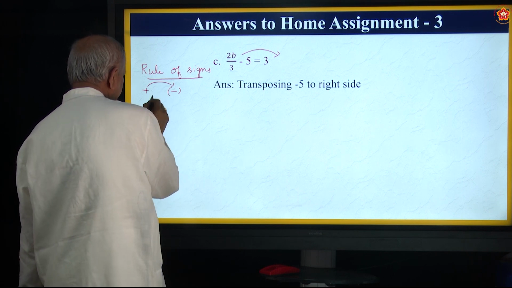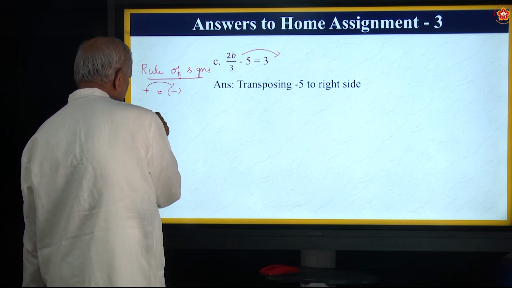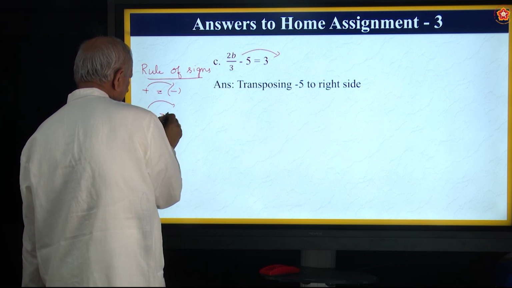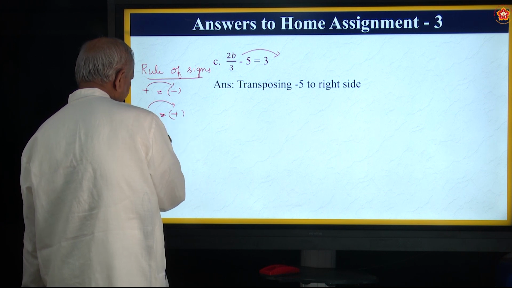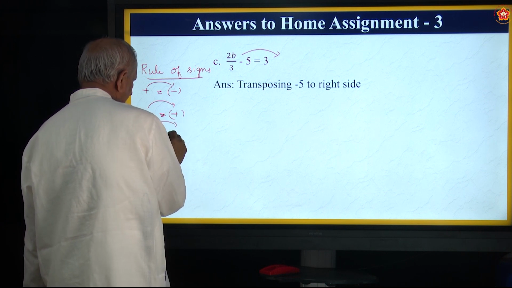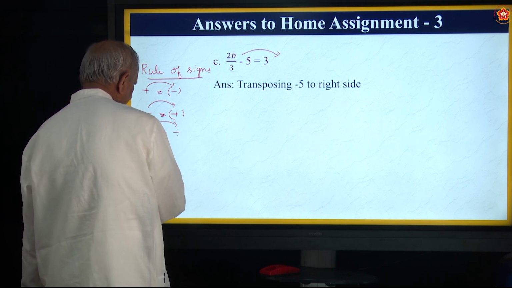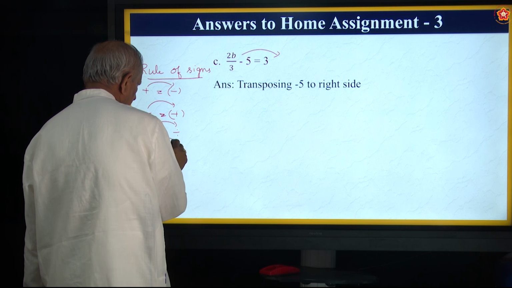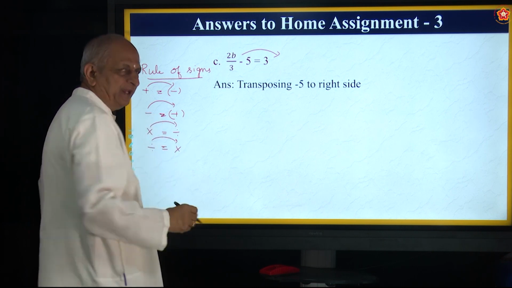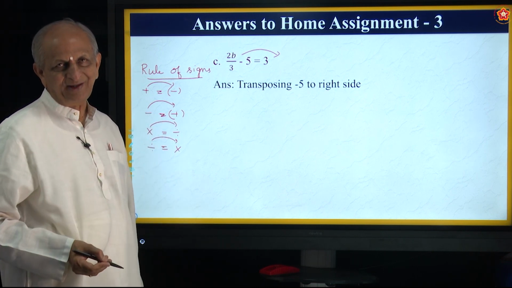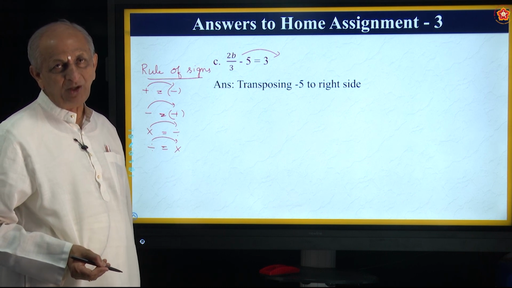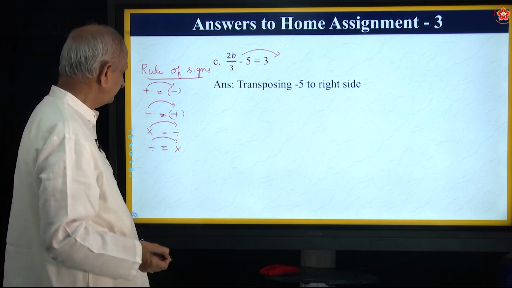If minus is to be transferred, it becomes plus. If into is to be transferred, it becomes divided by. If divided by is to be transferred, it becomes into. Note this. That is called the rule of signs of transposition.